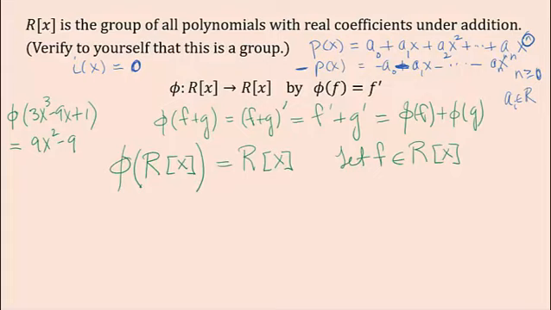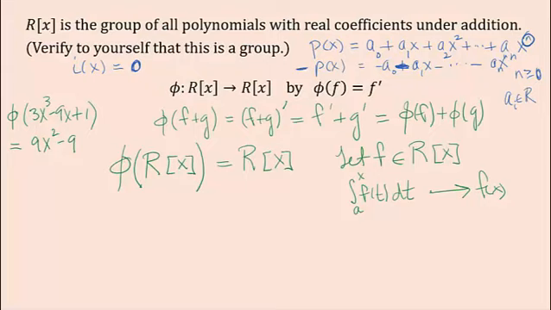Now I could write out f as a0 plus a1x plus ..., but I don't need to, because you remember the fundamental theorem of calculus tells you that if you take f and you integrate from a to x, little f of t dt, this gives you a whole family of functions that have f of x as their derivative. So we have a whole family of functions that map to f of x, and certainly phi is onto.